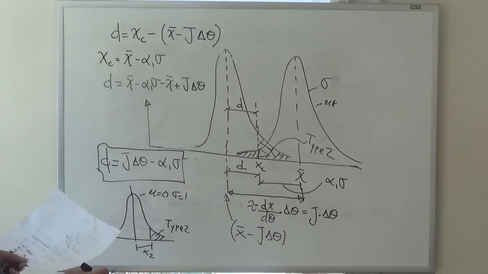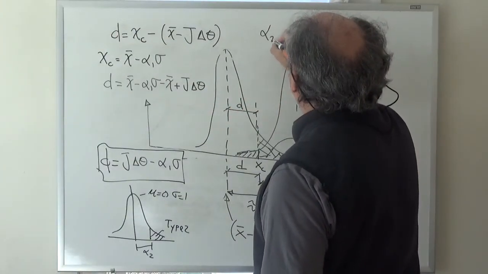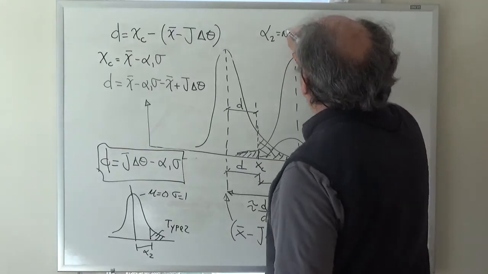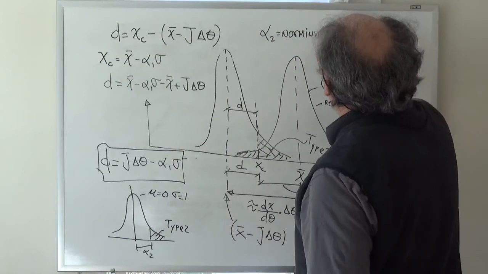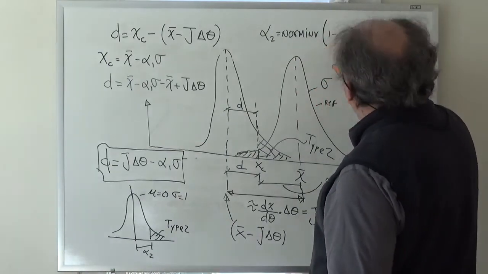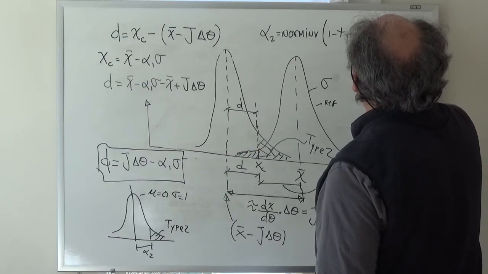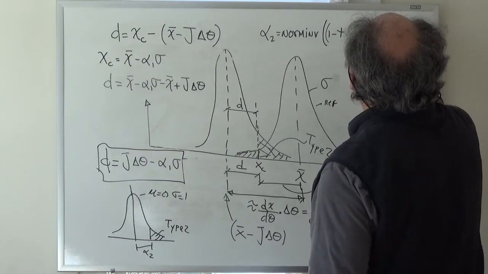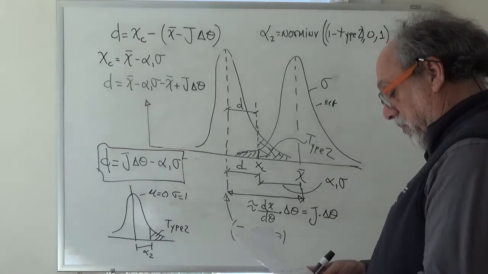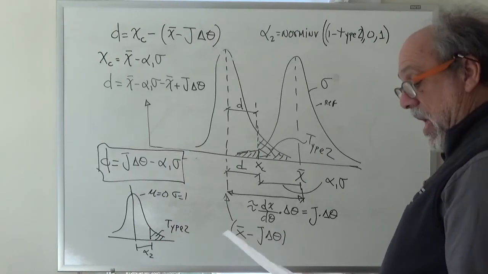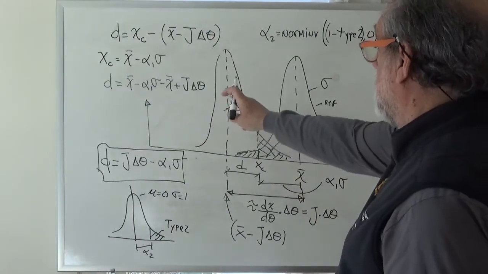So for that, we can say that alpha 2, which is the same way as before, is the norm INV of 1 minus the type 2, comma, of a distribution that has 0 mean and 1 standard deviation. So that's our alpha 2. Then we can say, where is our d? Here is our d, right?